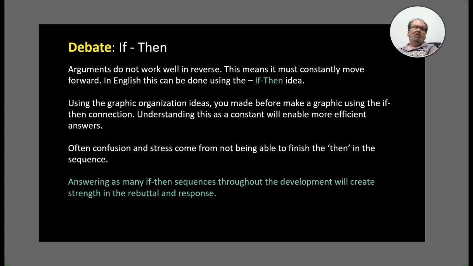The problem is sometimes we don't have an answer for it then. If this is true, if this isn't true, that's easy. But then you have to think about the opposite. So we want to practice that cycle over and over again with our information.